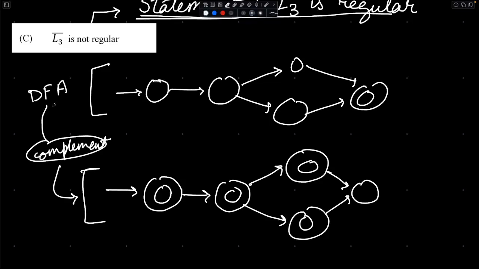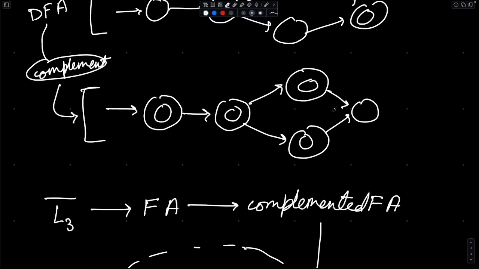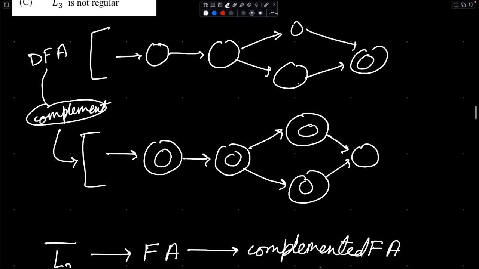Deterministic finite automaton. In deterministic finite automata, when we take the complement of that particular finite automaton, we get a finite automaton which looks like this, in which all the non-end states have been converted into end states, and the end states themselves have been converted into normal non-end states, right? This is the complement for that language.